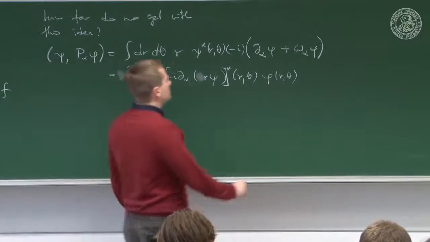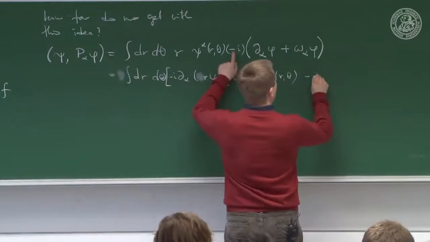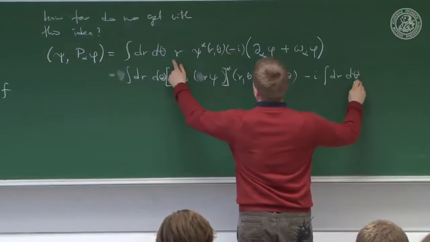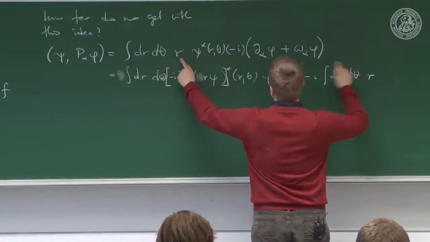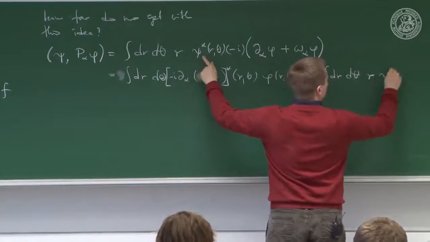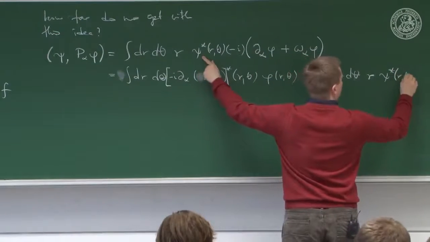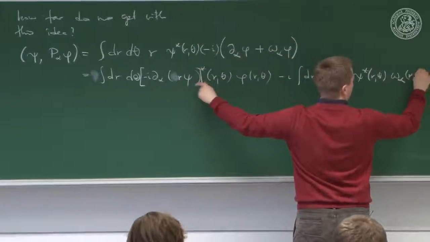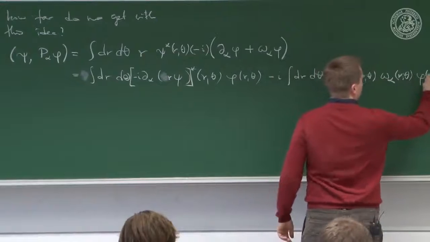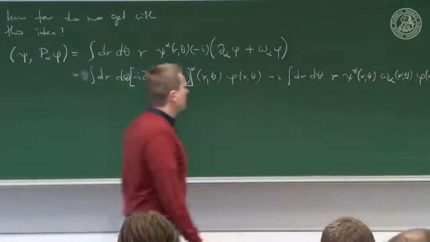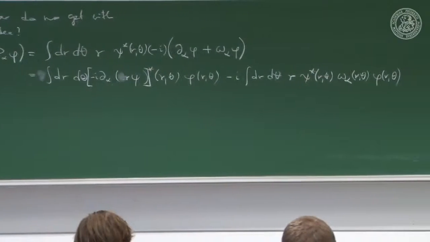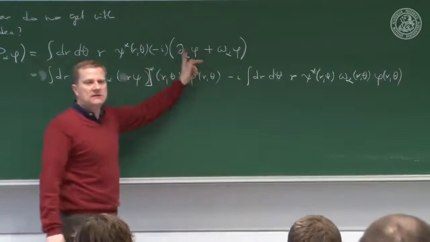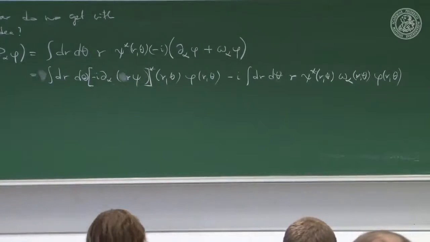And then there is an extra term, an extra integral, minus I times dr d theta r psi star of r and theta omega alpha, which will depend on the point r and theta, and phi of r and theta. So we produced an extra term here. This extra term comes because we used the covariant derivative and we gave up the idea that this is a wave function, but rather a section of a C-line bundle.